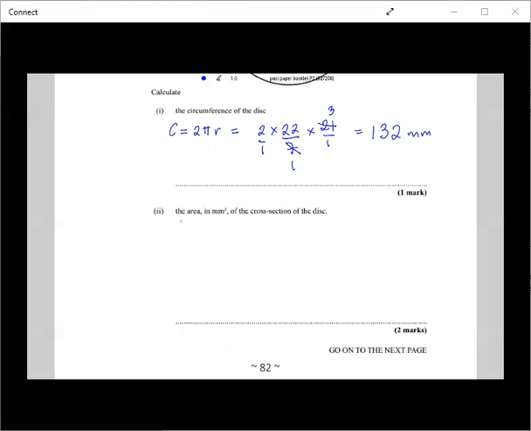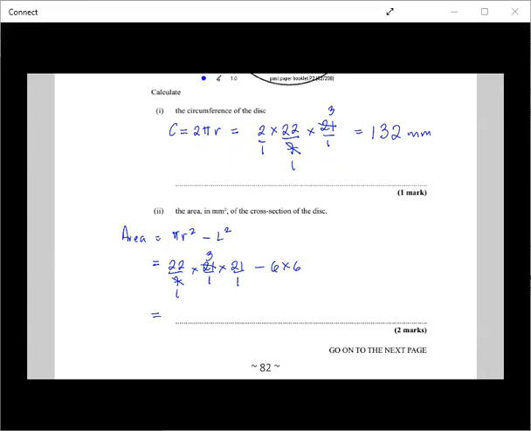So the cross-section area is equal to pi r squared minus L squared, where L squared is the area of the square at the center. This is 22/7 times 21 times 21 minus 6 times 6. 7 goes into 21 3 times.